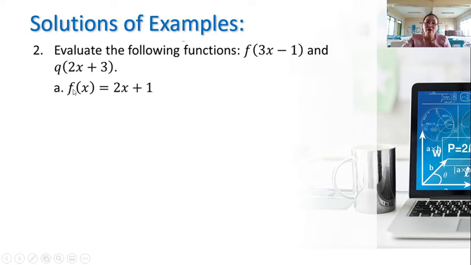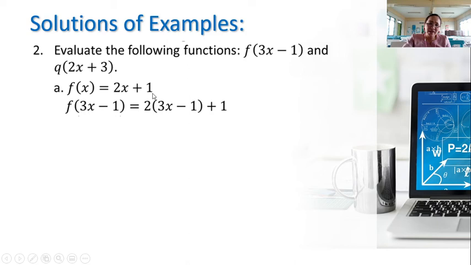So f of 3x minus 1 is equal to 2 times the x, which is 3x minus 1, then plus 1. And so simplifying this one, 2 times 3x is equal to 6x. 2 times negative 1 is negative 2.